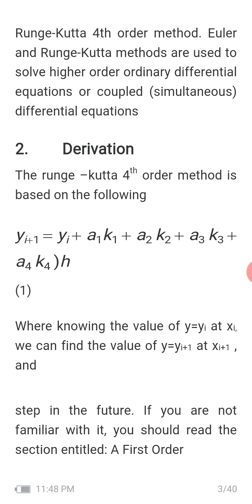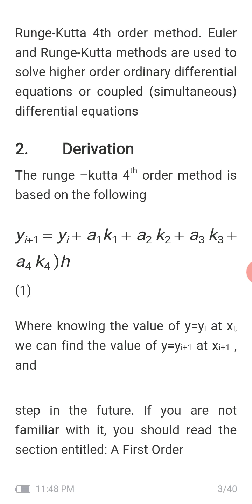Derivation. The RK method, that is the Runge-Kutta fourth order method, is based on the following: y(i+1) equal to yi plus (a1 k1 plus a2 k2 plus etcetera a4 k4) into h, where knowing the value of y equal to yi at xi, we can find the value of y equal to y(i+1) at the value of x(i+1).